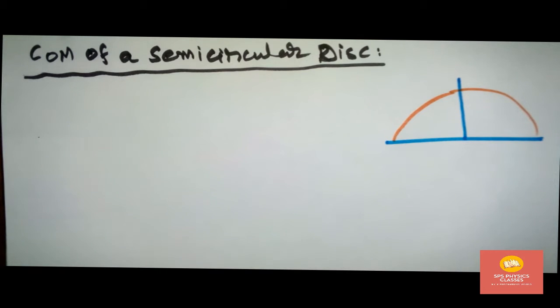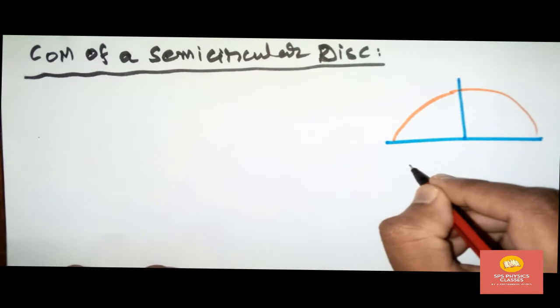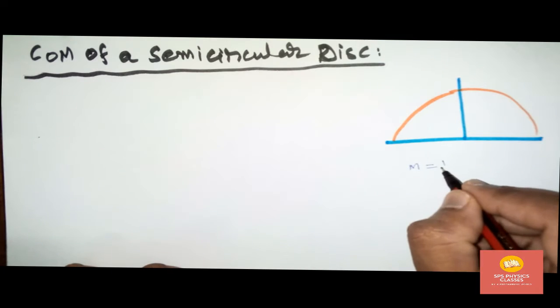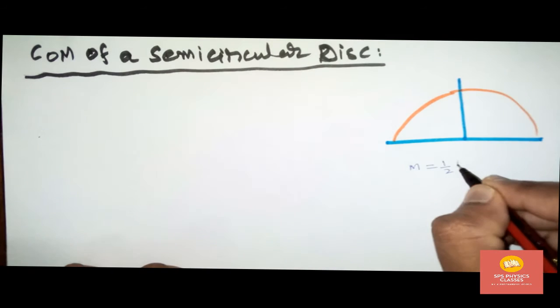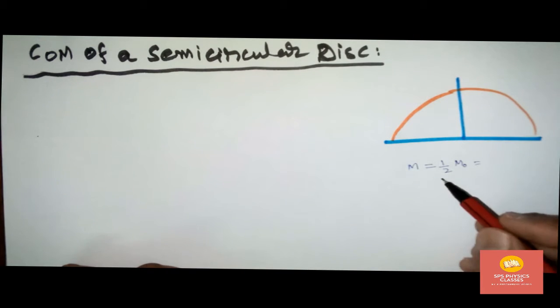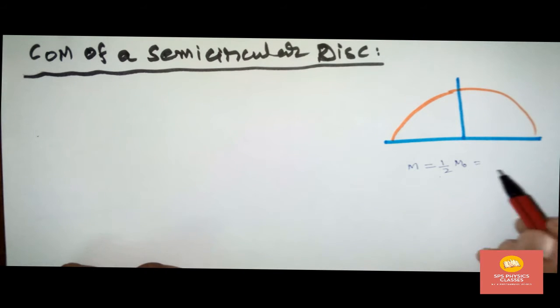So, if the system contains a uniform distribution of mass, then under this particular situation, the total mass of the disk, M, is given by half of the original mass. That means the total mass of the disk we are imagining here in this plane is equal to half of the original mass.